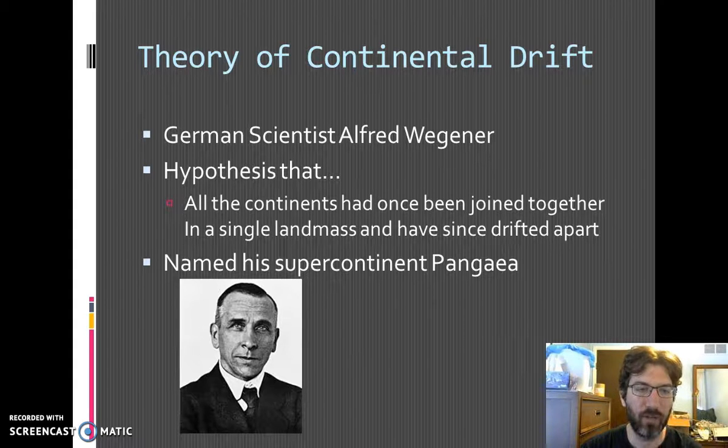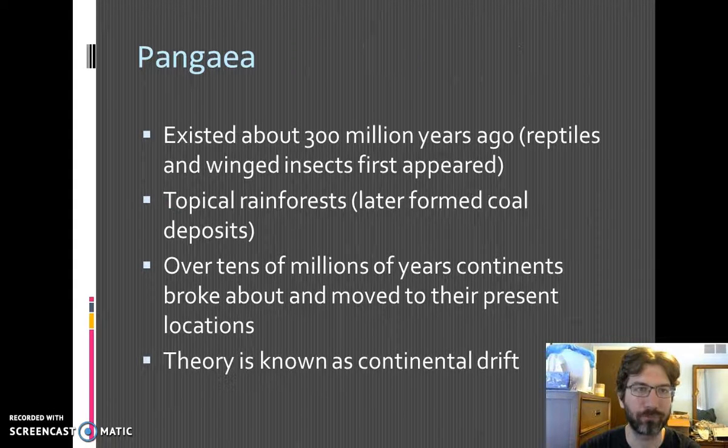He had some evidence to support this theory, but in his time period it wasn't considered a viable option until the 1960s, when we got a little more evidence on how this occurred. He named his supercontinent Pangaea, which you have probably heard before.